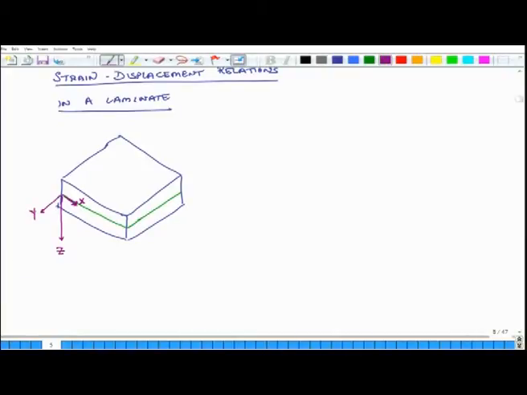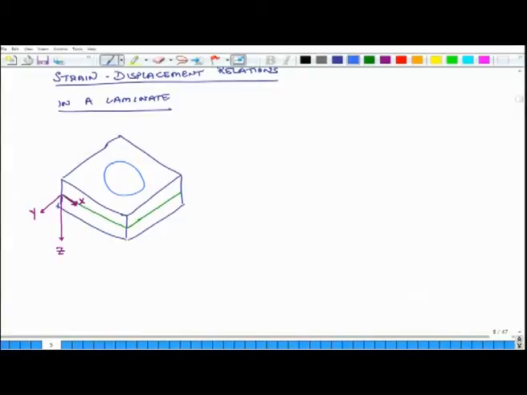The x axis runs on the mid plane of the plate in this direction. On the mid plane also we have the y axis, and going down is positive z axis. And so, let us look at a small portion of this plate.